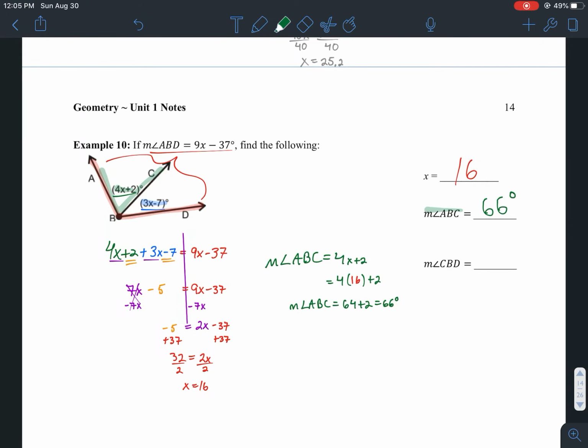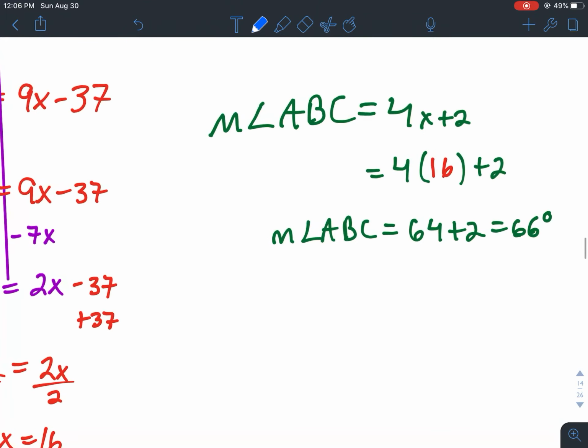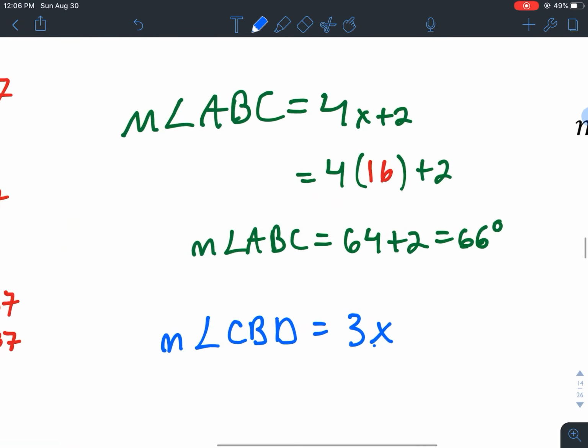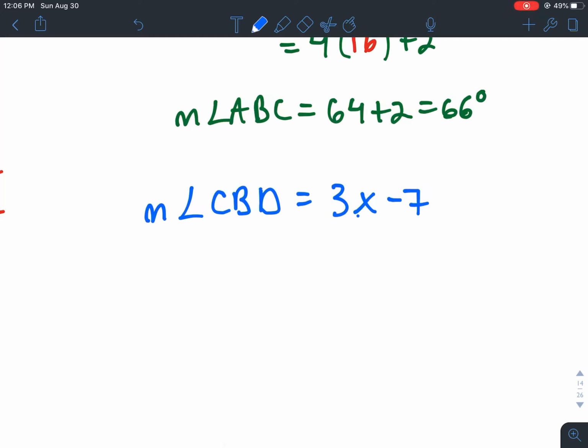And now we could do the same thing for the measurement of angle CBD, which is the blue angle that I highlighted on the image. It's a similar thing. The measurement of angle CBD equals 3x minus 7. Again, we find out what x was.